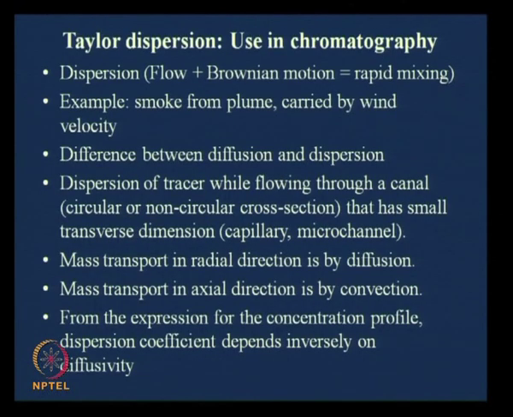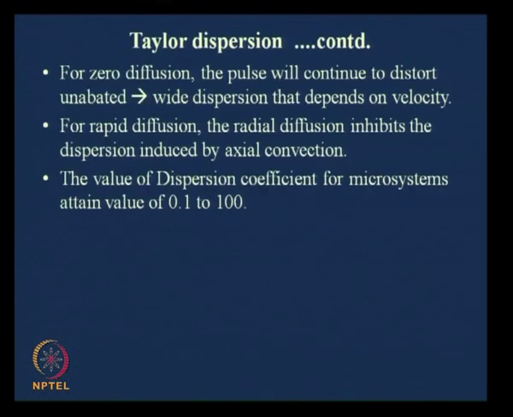If it diffuses fast, the dispersion would be less, because while dispersing, it is spreading like a parabolic profile, spreading more and more as it travels down. But before it could spread itself, it diffuses. That is what is happening where the diffusivity is more.